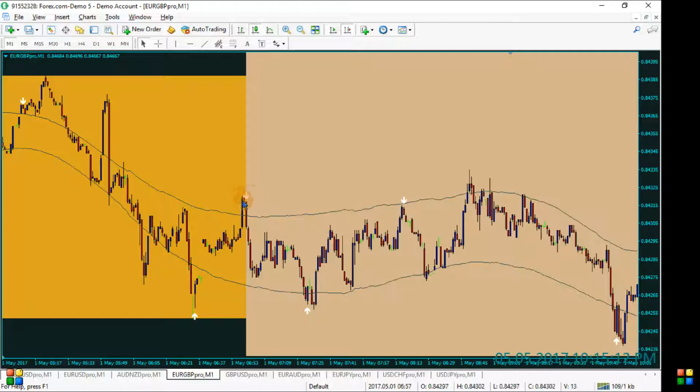Right here, those with the template, you will notice that sometimes you get the signal right here, but the price is currently not even inside the channel, and sometimes yes, it is already inside the channel.